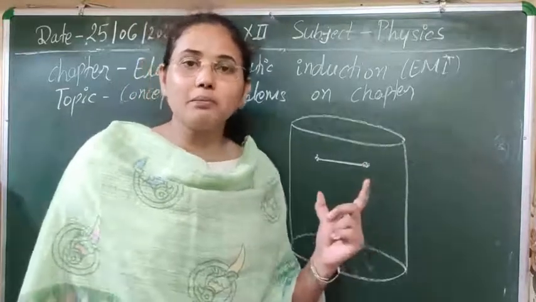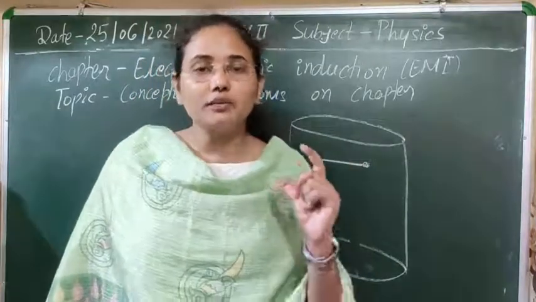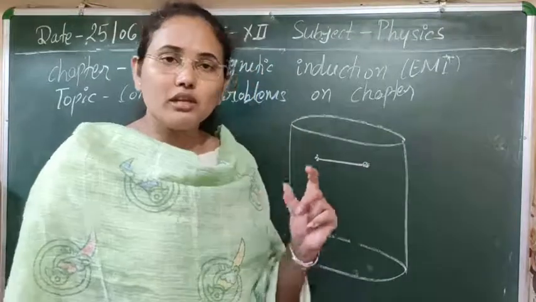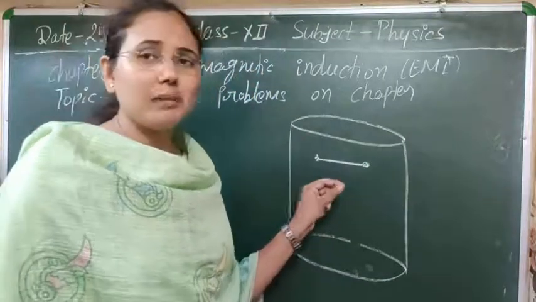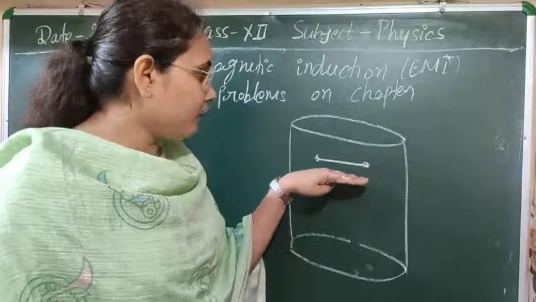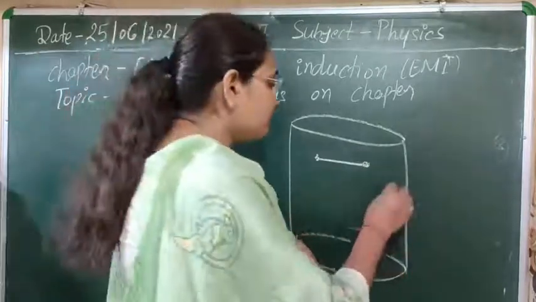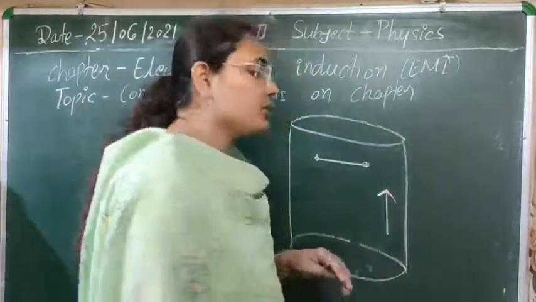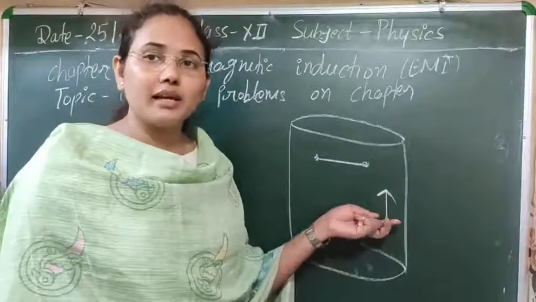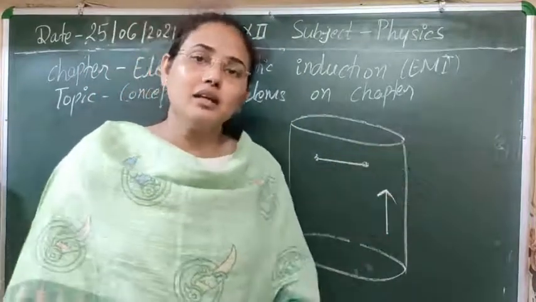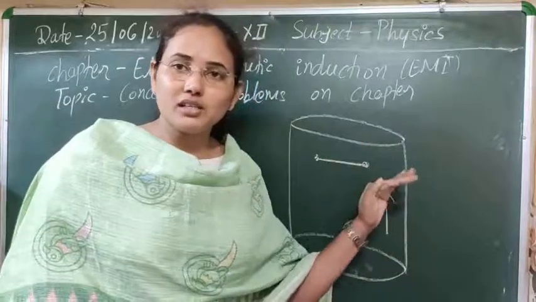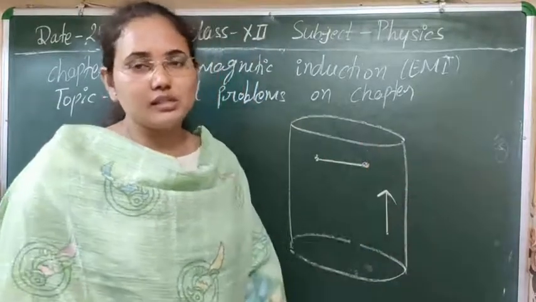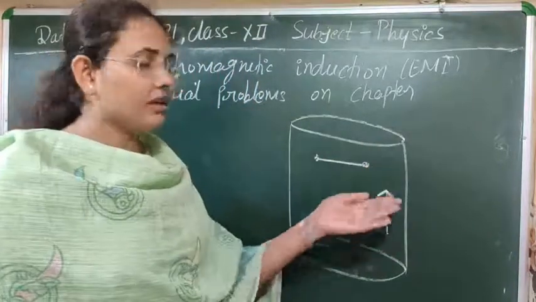The induced EMF opposes the cause of the change of the magnetic flux. Here the cause of the flux change is the falling of this iron bar, so it will experience a force due to the induced EMF in the opposite direction, which retards the falling of the iron bar. This is given by Lenz's law.